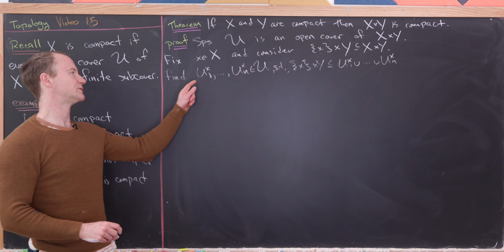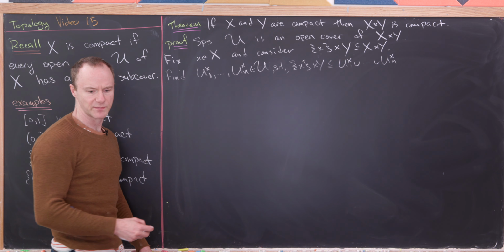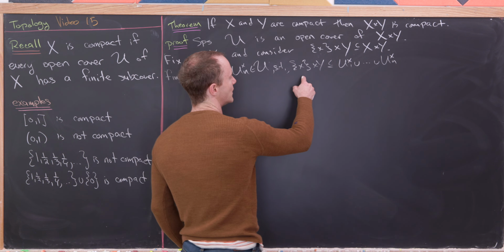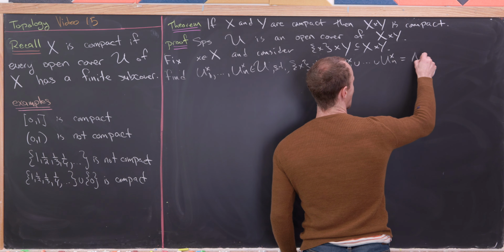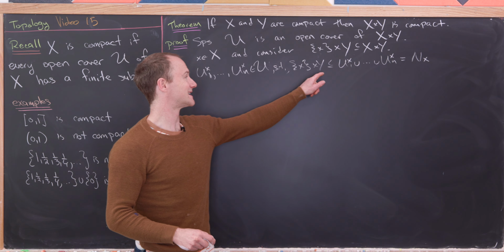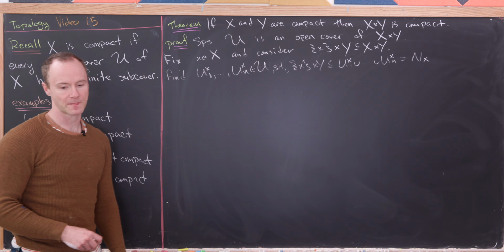So that means we've got U1^x up to UN^x. Now let's observe the following. We can think about this U1^x unioned up to UN^x as an N sub x. So it's an open set containing this singleton {x} cross Y.